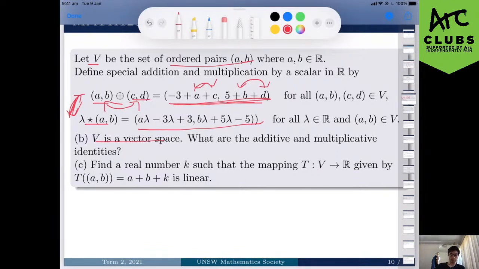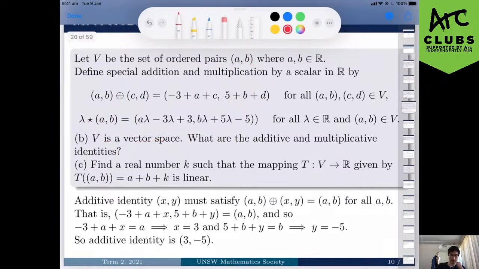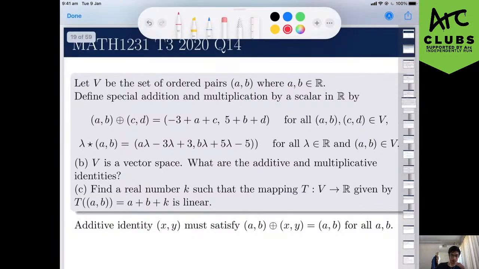In this case, the question was just, what are the additive and multiplicative identities? So to answer these, I guess you open up your course notes because it's open book, and you check what an additive identity is. An additive identity must satisfy that if you add it to anything, you get the same thing out.